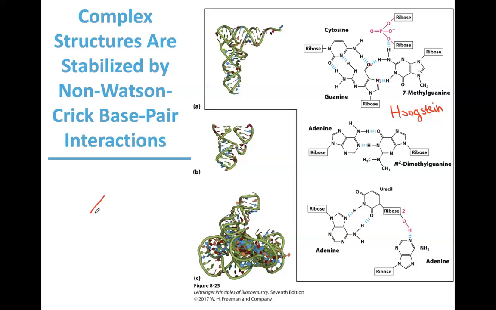So for example, something like this: base, base, base, base, and then there's the phosphate backbone, ribophosphate backbone. It can be parallel, it can be anti-parallel, but this will be a tetramer.